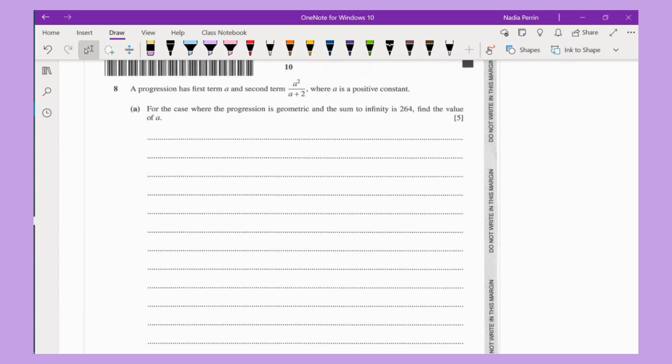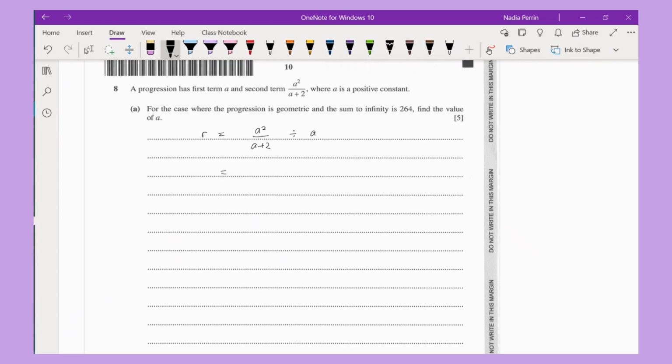So if it's geometric, we can find an expression for r. So r is always, if you have any consecutive terms, the further one divided by the previous one. So we can take the second term and divide it by a.